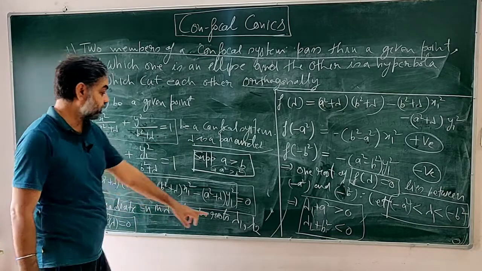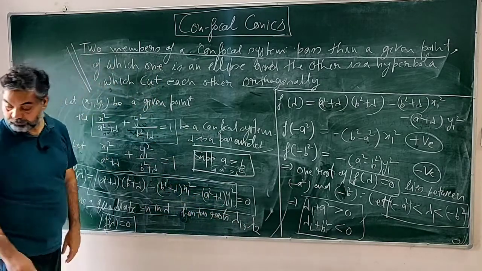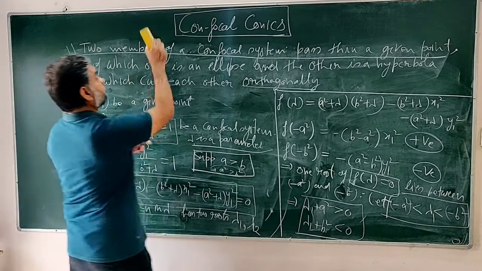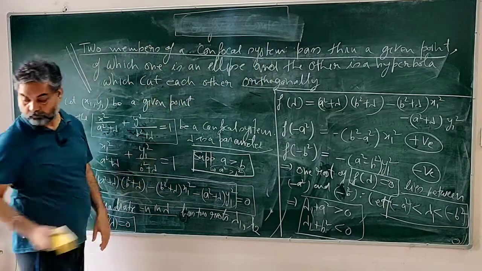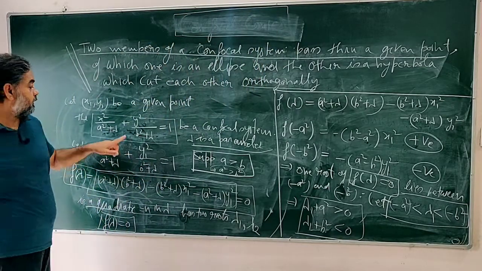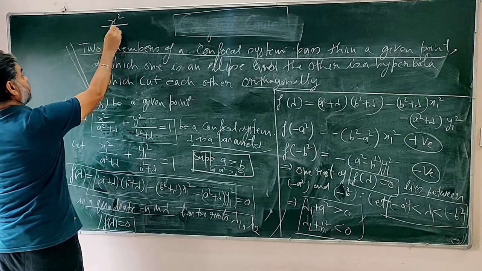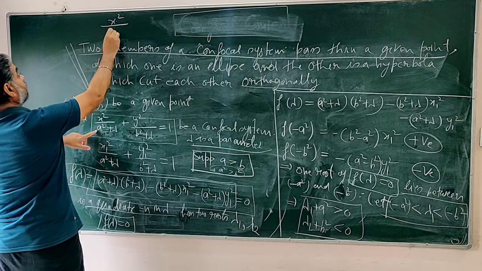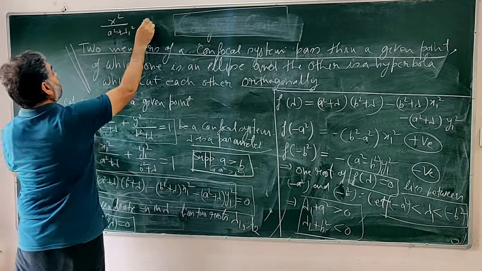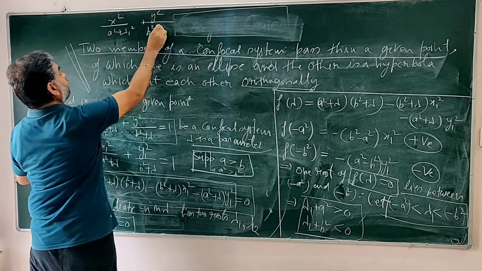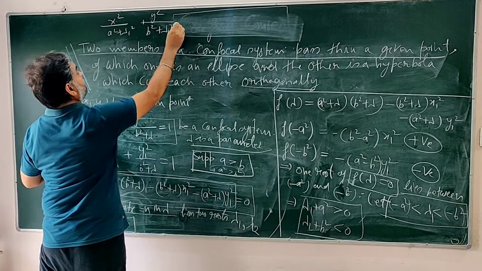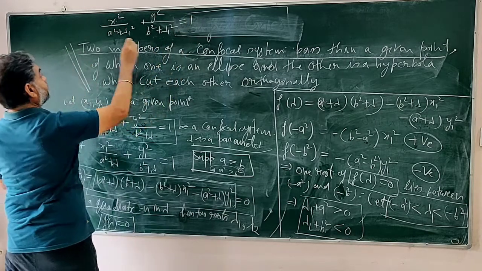If this quadratic equation has two roots, lambda 1 and lambda 2, then putting lambda equal to lambda 1 here, you get x square over a square plus lambda 1, plus y square over b square plus lambda 1, equal to 1.